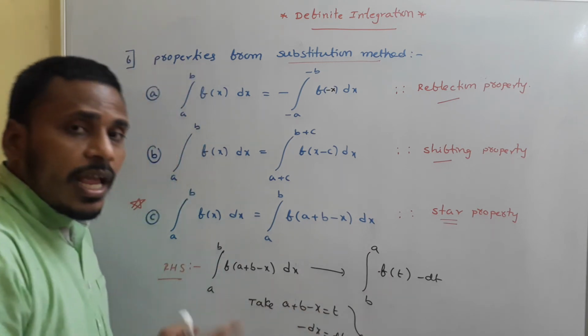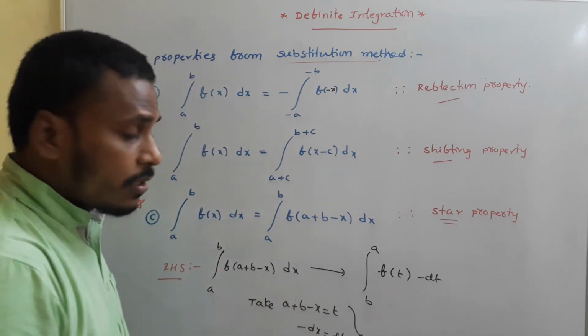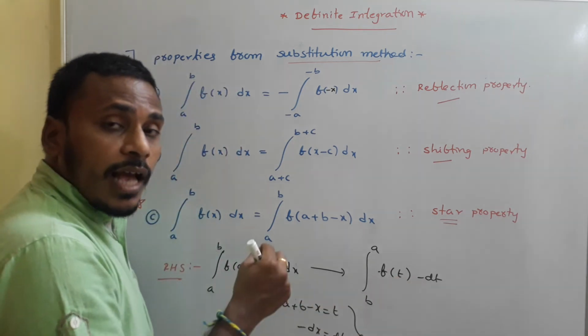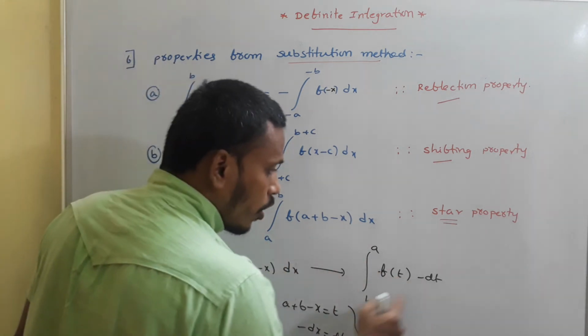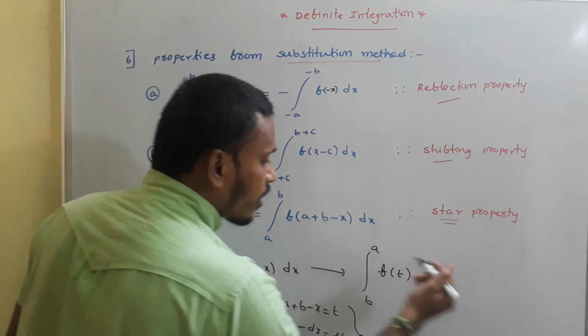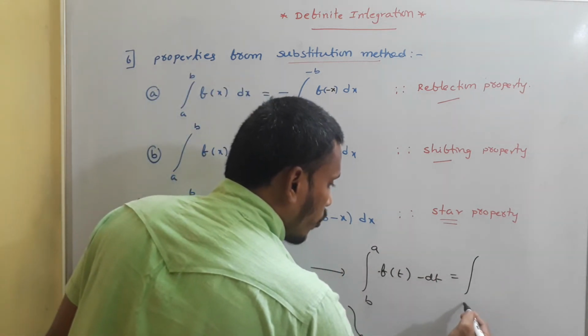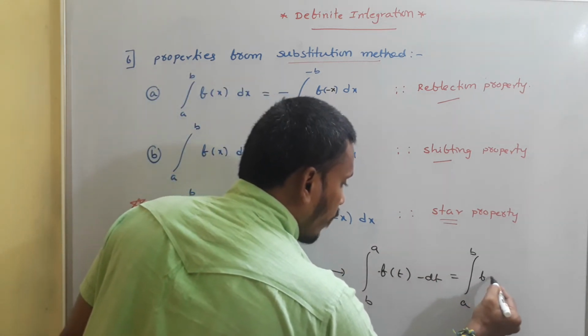Now, as we discussed in the basic properties, this minus will interchange these limits. So this is equal to integral a to b f of t dt.